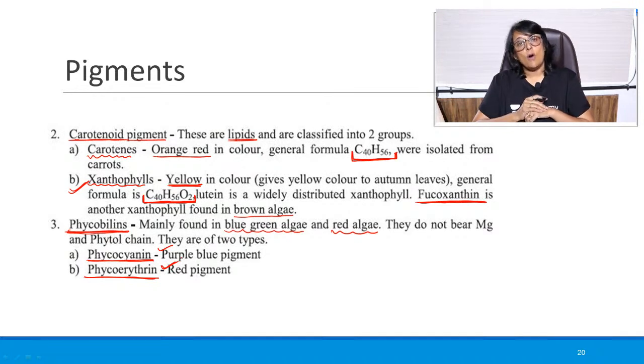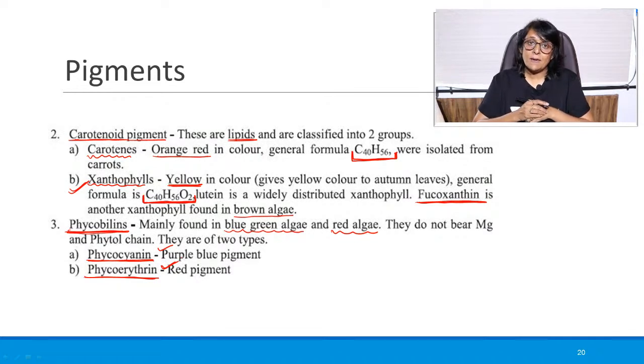So normally when we talk of the process of photosynthesis, our main focus is chlorophyll, because that is the main pigment. But why do the plants have so many other pigments if only chlorophyll is important? Actually, chlorophyll is the pigment from where the reaction actually starts.